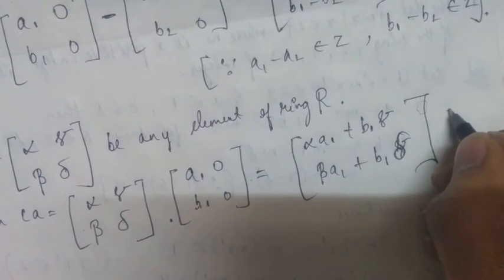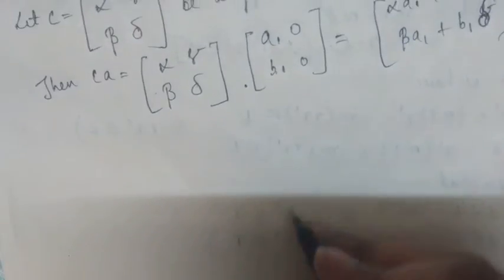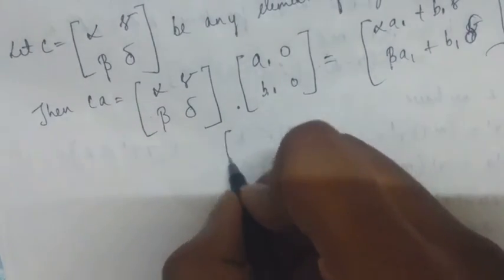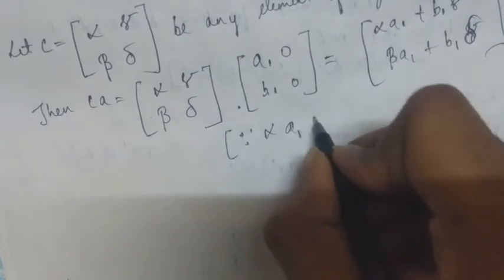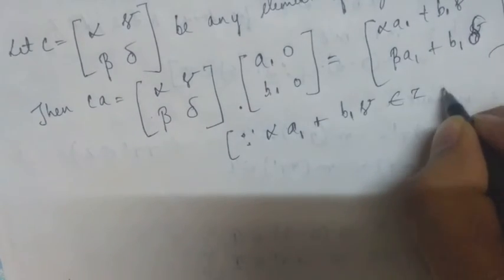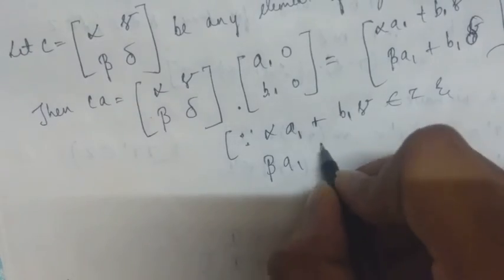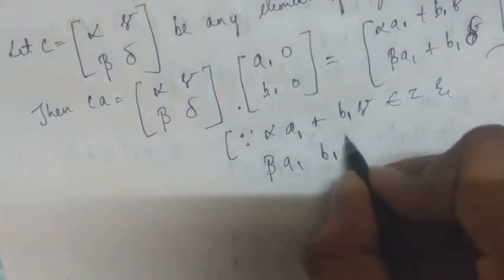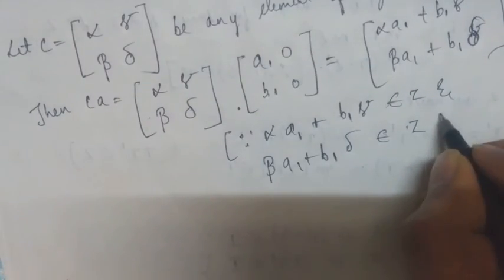It belongs to S. And yes, here we can say it is a left ideal, where A1 and B1 belong to the integers Z.